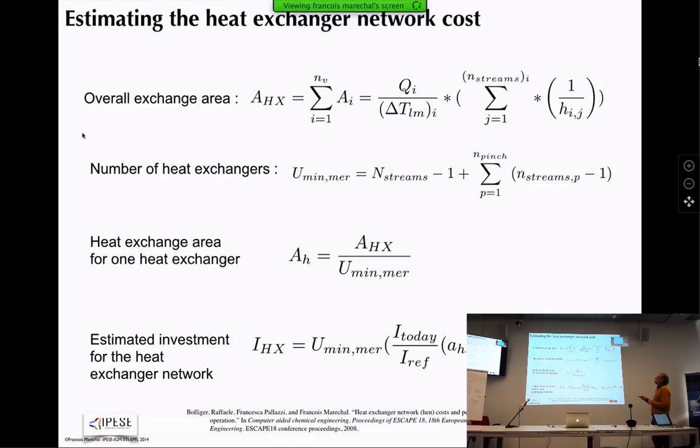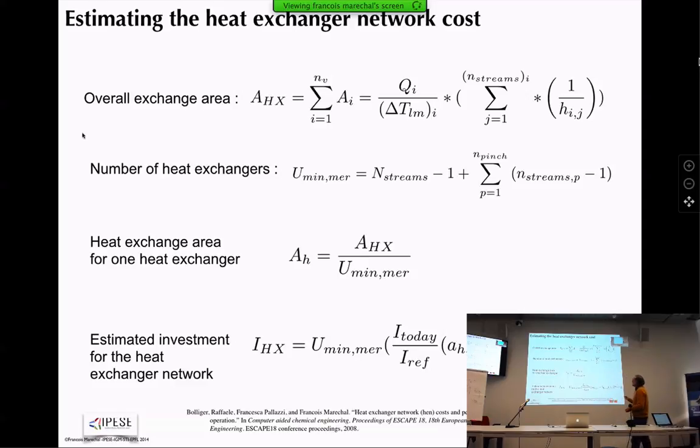If I have the overall heat exchange area, unfortunately, the cost of the heat exchangers is not linear. It means that the cost of the heat exchangers will not be the same as the cost of the area of the exchangers. So I need to have a way to estimate how many heat exchangers I will have in the system.